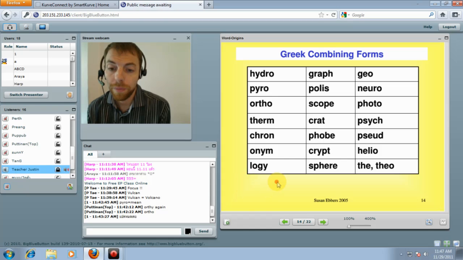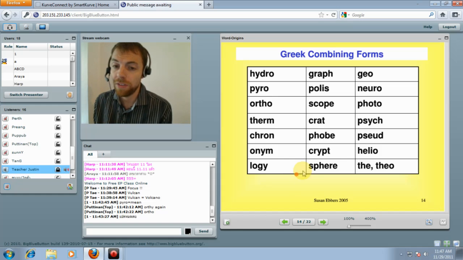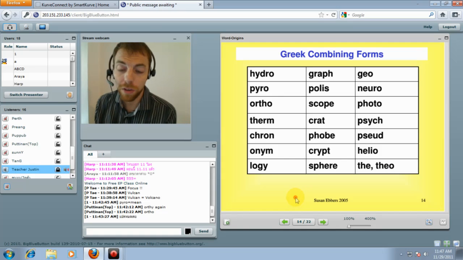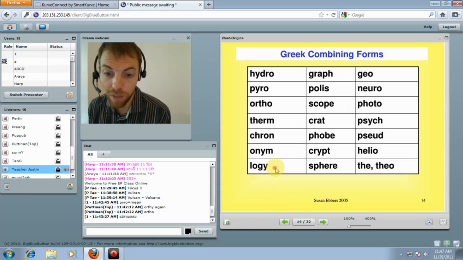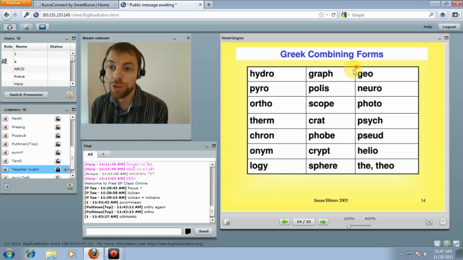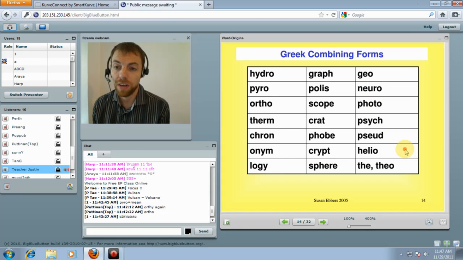So studying a lot of these Greek bases can be very important. And like I said, if there's a word that you've never seen before, like geology, but you know geo and you know what logy means, then you know the answer. So studying these Greek bases and roots can help you very much.